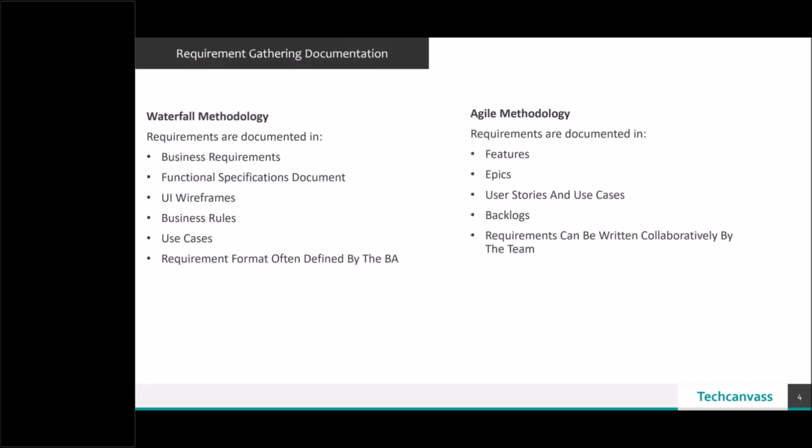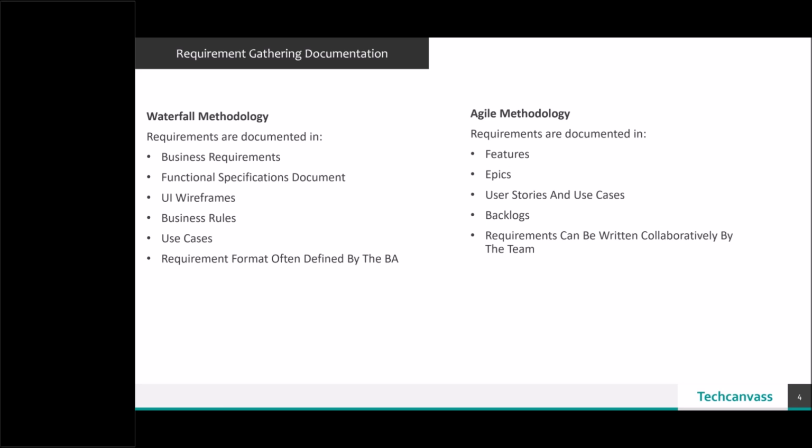Okay, so first things first. A very key aspect of a business analyst profile is documentation. There are many differences between waterfall methodology and agile methodology, as I've already mentioned in the slide.